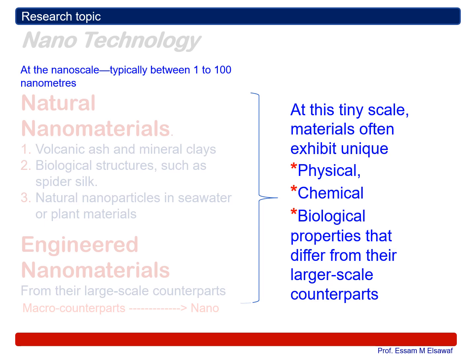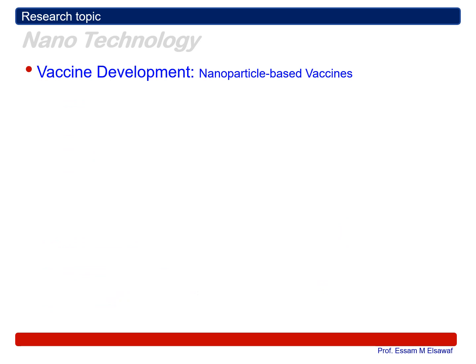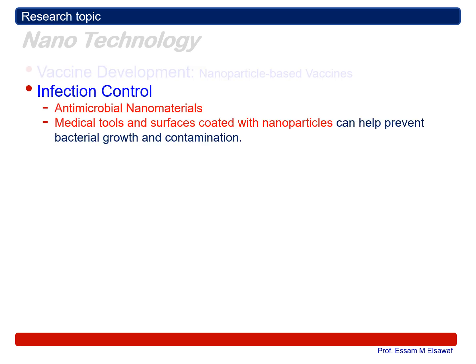in different areas, like vaccine development, nanoparticle-based vaccines, infection control with antimicrobial nanomaterials, or medical tools and surfaces coated with nanoparticles. Now we have many medical instruments coated with nanoparticles. This helps prevent bacterial growth and contamination.